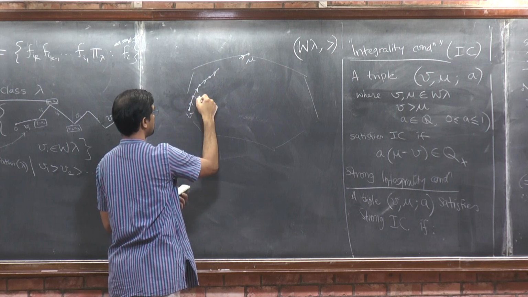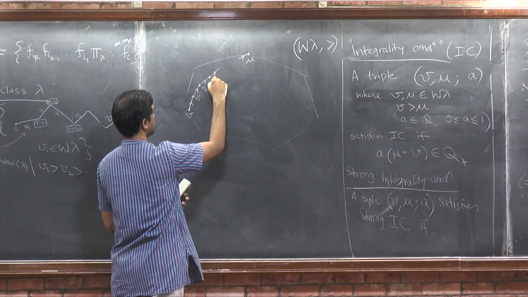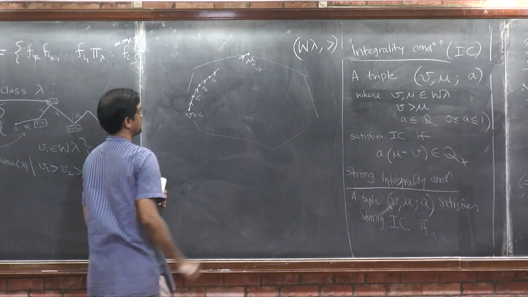So, let's call this nu 1, nu 2, nu 3 till nu r. Let's call this nu 0.